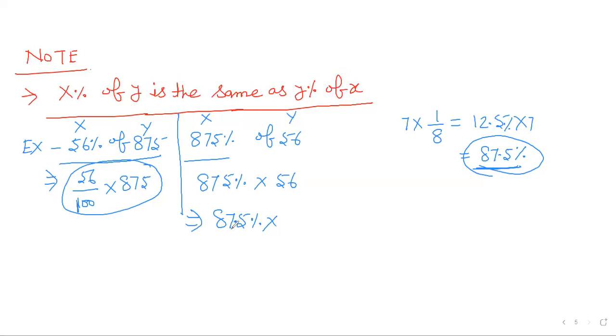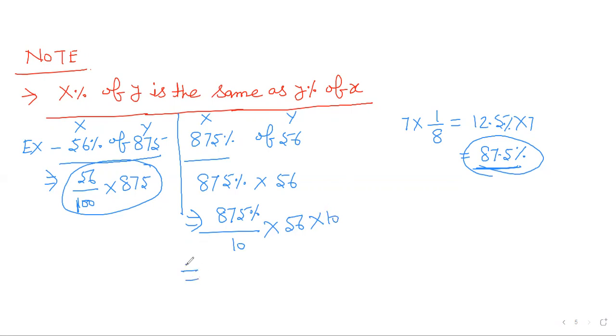Because I have already put 10 in the denominator, then to make this calculation neutral, just multiply with 10.